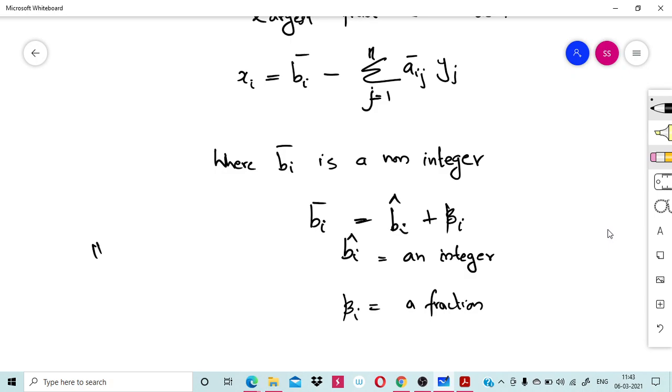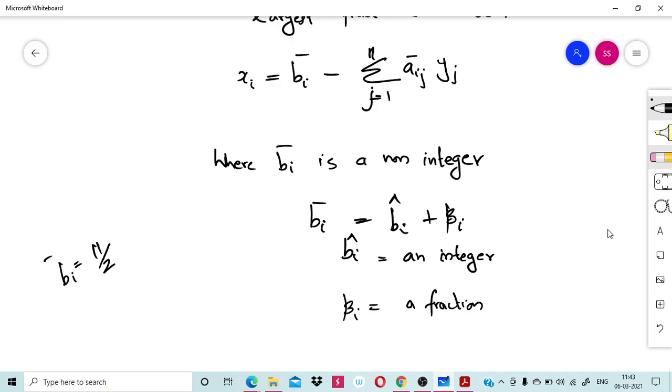That means if you got 11 by 2 as bi bar, I can separate this into the sum of two numbers.